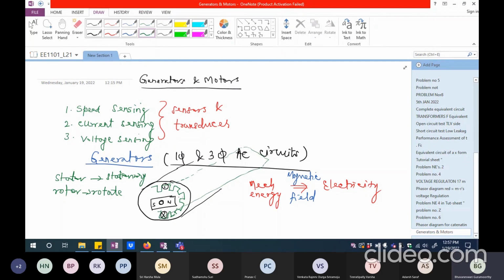The conductor is placed somewhat like this, and because it is the stator, these conductors are stationary. They are remaining stationary. Under such a situation, now I have a rotor consisting of a magnet. The magnet can be a normal permanent magnet.